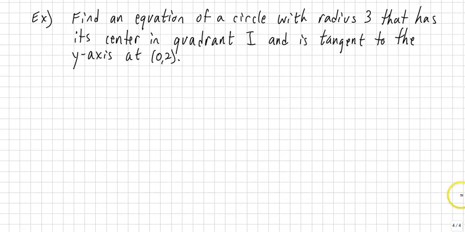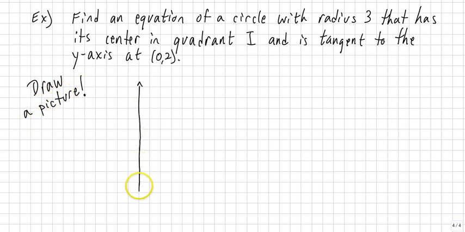All right, so let's say we're charged with finding an equation of a circle with radius 3 that has its center in quadrant 1 and is tangent to the y-axis at (0, 2). So draw a picture. Here's the y-axis, here's the x-axis.